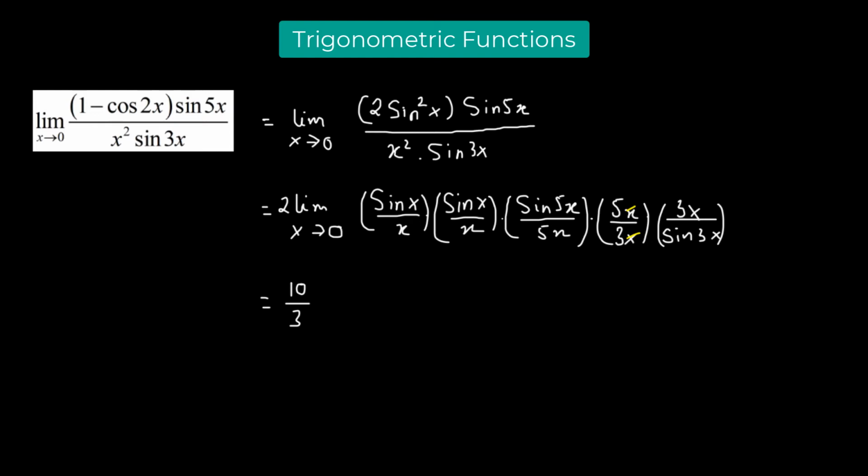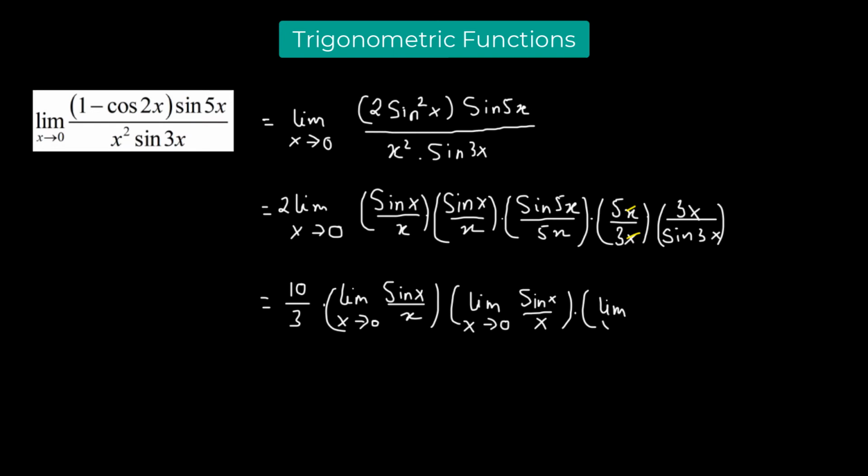So we have 10 over 3 times limit x tends to 0 sine x over x, multiplied by limit x tends to 0 sine x over x, times limit x tending to 0 sine 5x over 5x, and finally limit x tending to 0 3x over sine 3x.